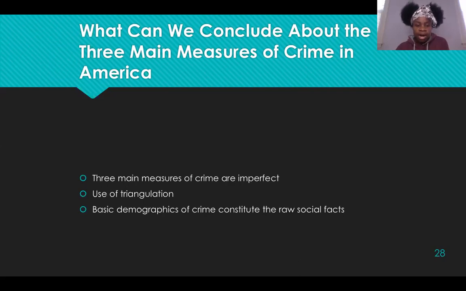The NIBRS is best for a more comprehensive picture of criminal events, such as the demographics of an offender and the victims, but it is not as nationally representative as either the UCR or the NCVS.